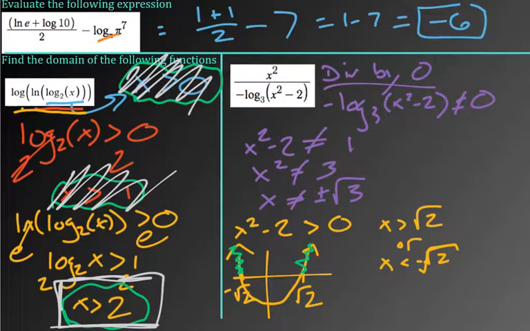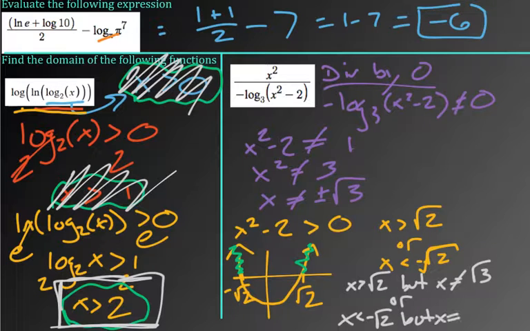We would say x just needs to be bigger than square root of 2, but x cannot be square root of 3, or x is less than negative square root of 2, but x cannot be negative square root of 3. And that would do it, right? If you graph this, you're going to see some vertical asymptotes at those numbers, and then it'll only be defined in these regions right here.